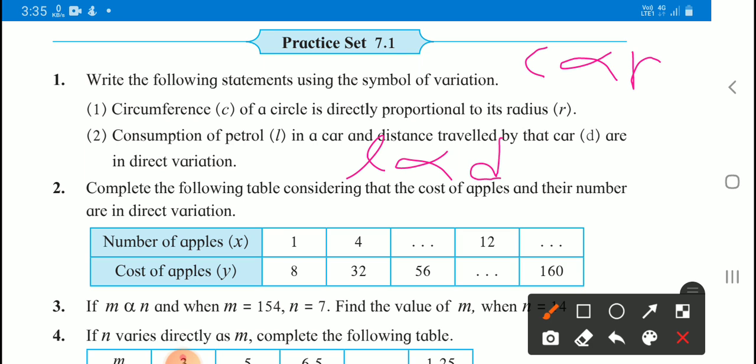Look, here the ratio is the same everywhere, that is 1 upon 8. So 4, here 8 fours are 32. Then 56. You have to write the proper numbers in the empty places. Okay.